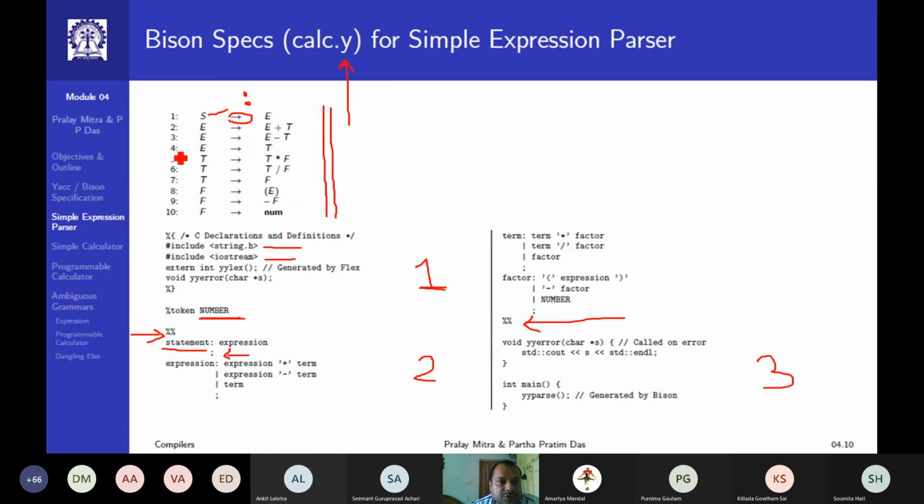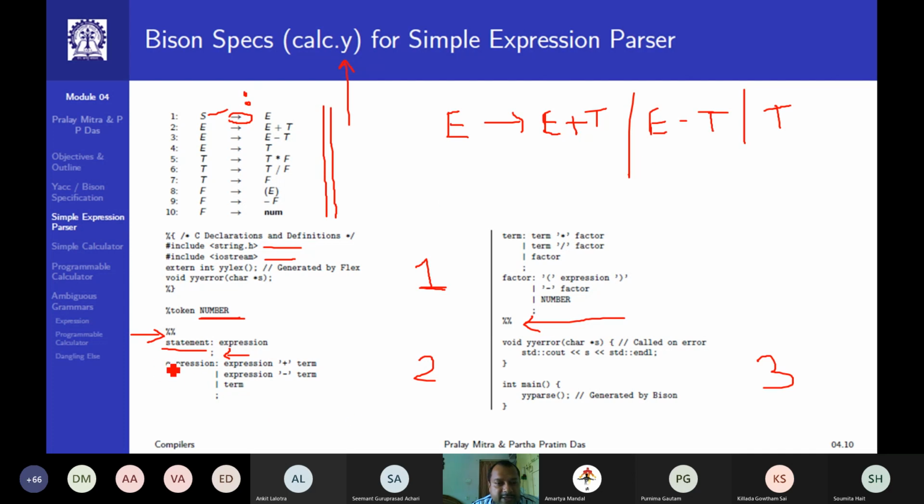Now production rules 2, 3, 4 all are derived from E. So this 2, 3, 4, you know that I can write like this: E derives E plus T, or E subtraction T, or just T. Agreed?